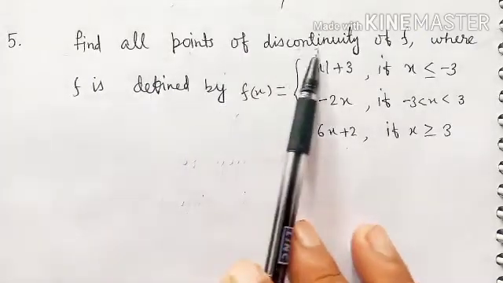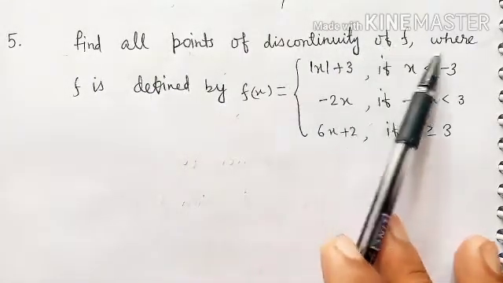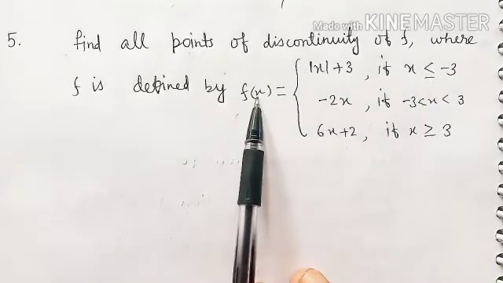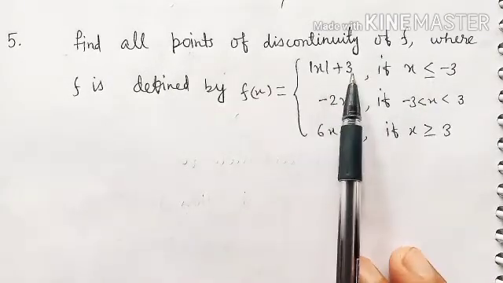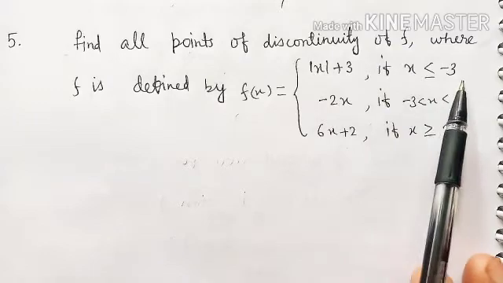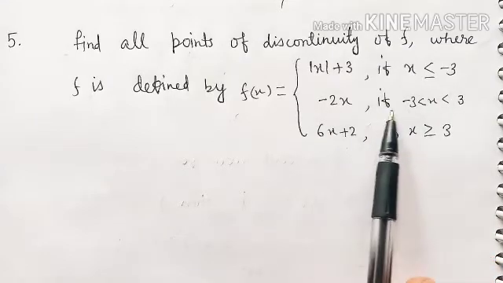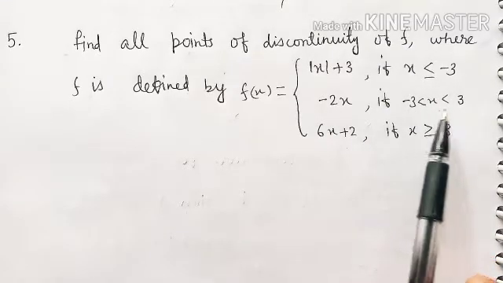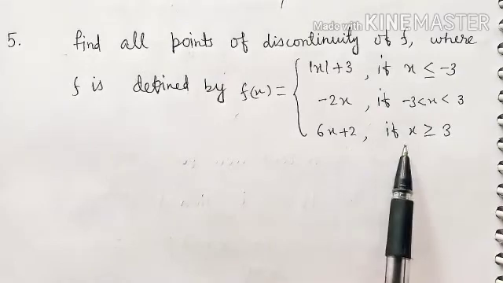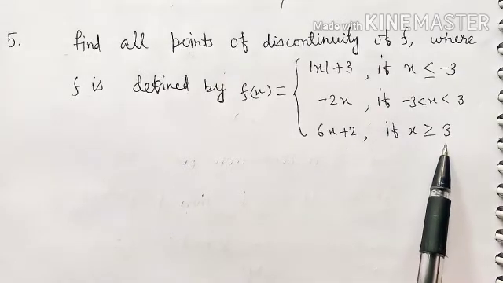Find all points of discontinuity of f, where f is defined by f(x) equal to mod x plus 3 if x is less than or equal to minus 3, minus 2x if minus 3 is less than x is less than 3, 6x plus 2 if x is greater than or equal to 3.